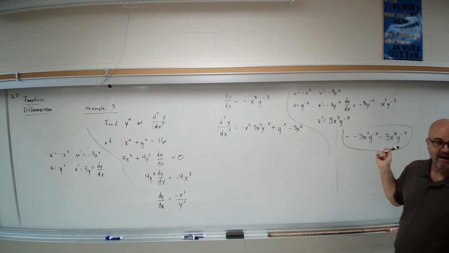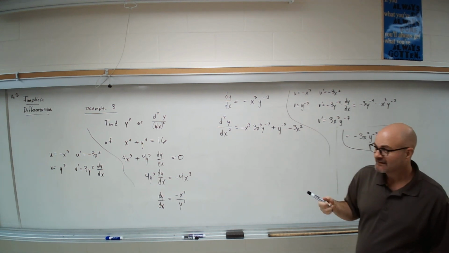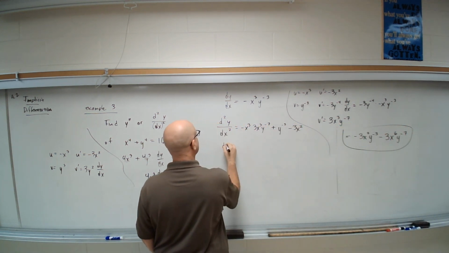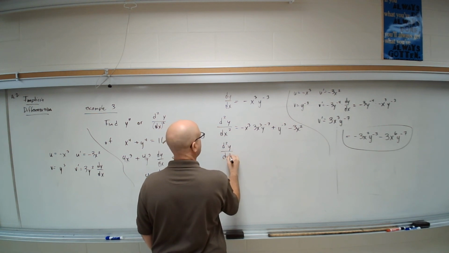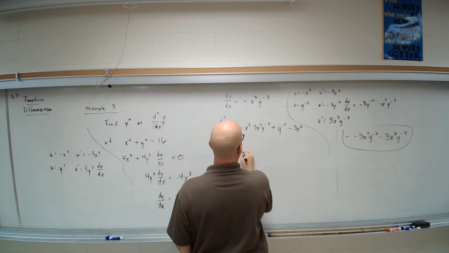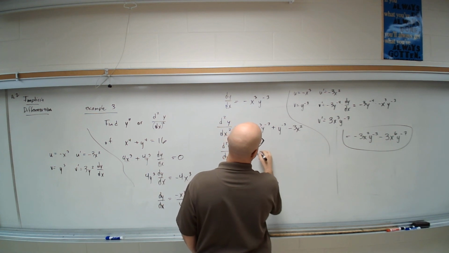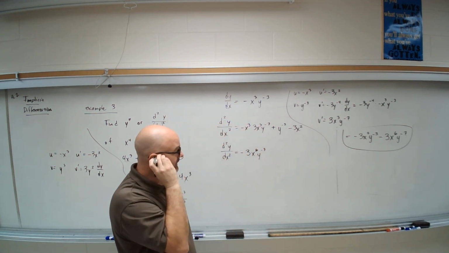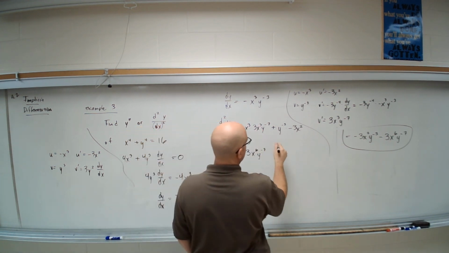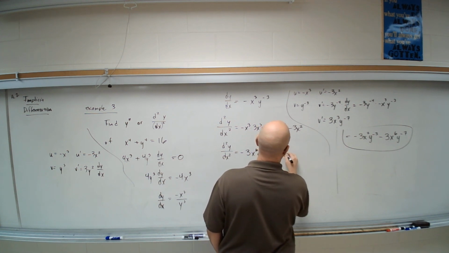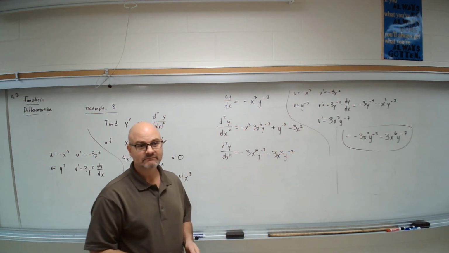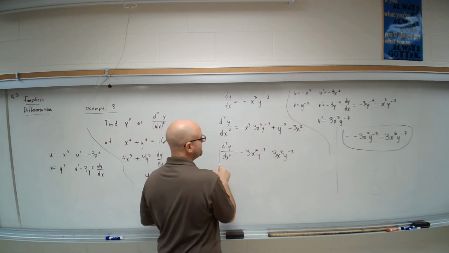I'm really hoping it matches this other answer. If it doesn't, this is going to be very discouraging. And that's going to give us negative 3x to the 6th, y to the negative 7th. Well, I like that. And this is going to be negative 3x squared y to the negative 3rd. So that's the same answer, right?